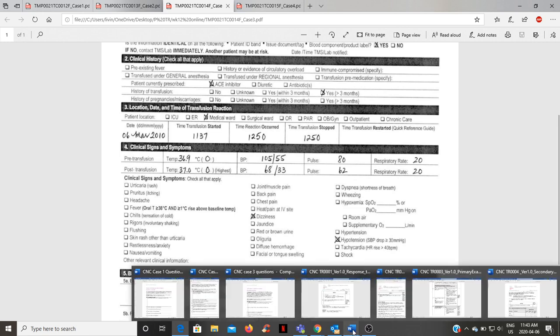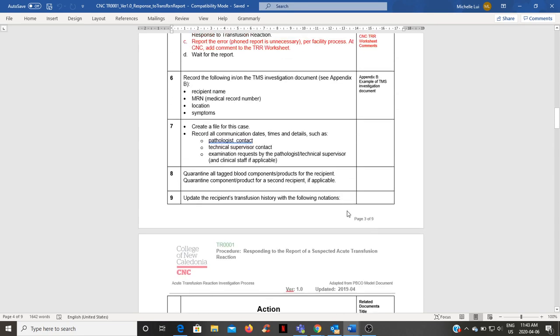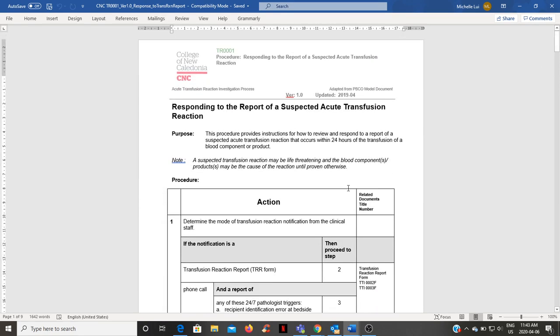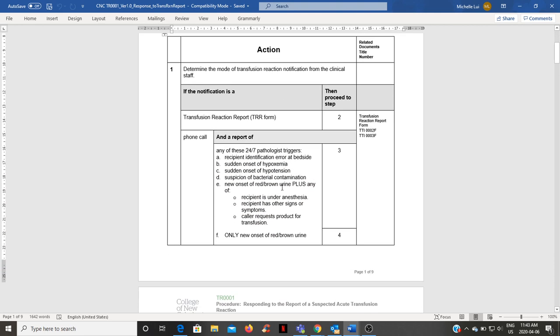So let's look at our procedures. Let's go back up to the top of this one. So in this case, we're back at transfusion procedure 1. In this case, we received a phone call. So let's go down the triggers here. We received a phone call, and did we have a report of any of these things?